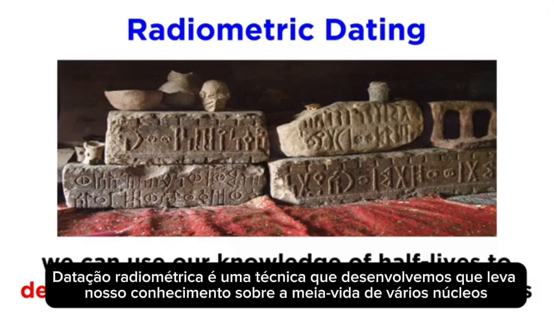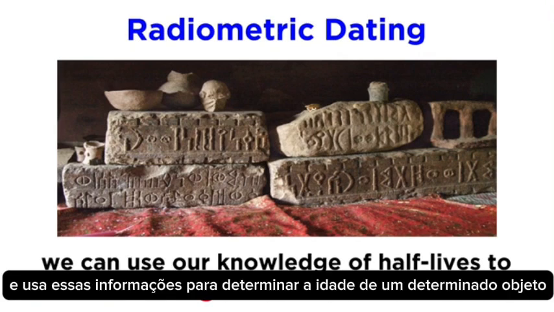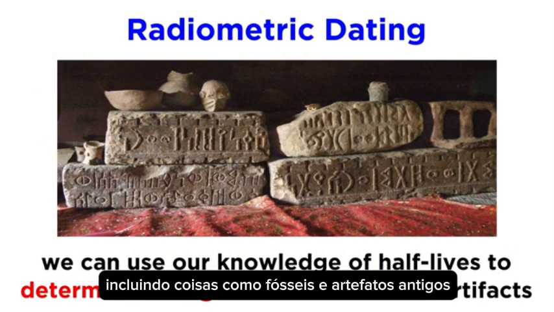Radiometric dating is a technique we have developed that takes our knowledge of the half-lives of various nuclei and uses that information to determine the age of a particular object, including things like fossils and ancient artifacts.